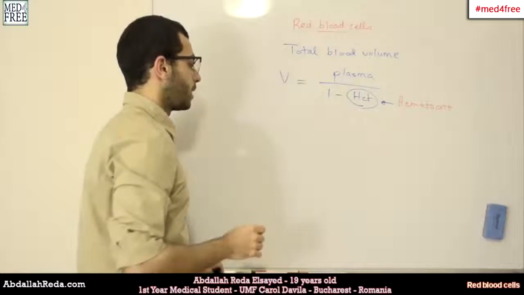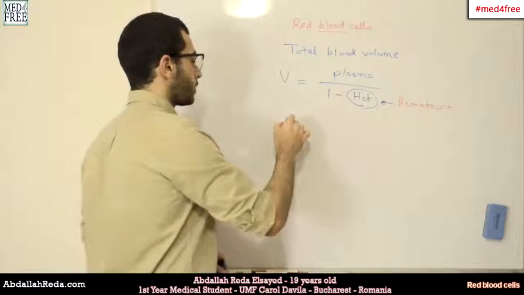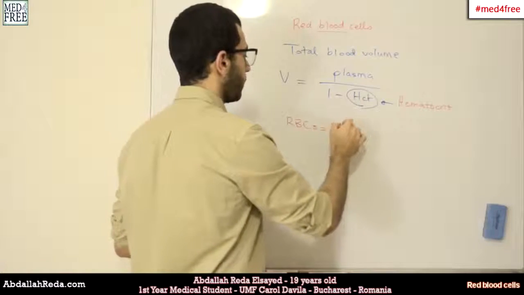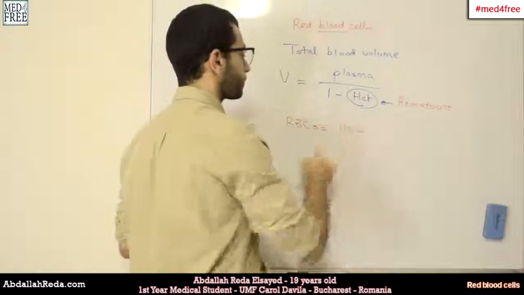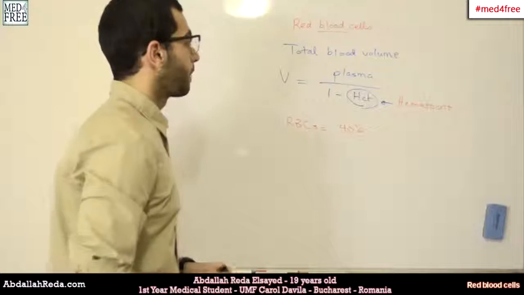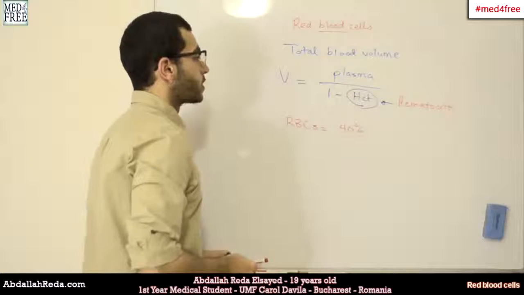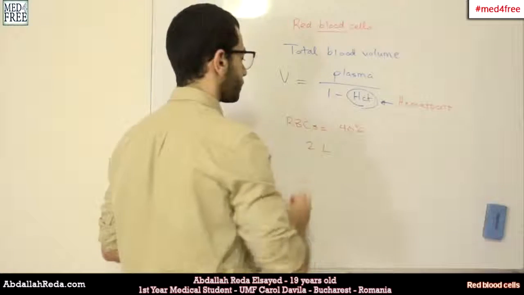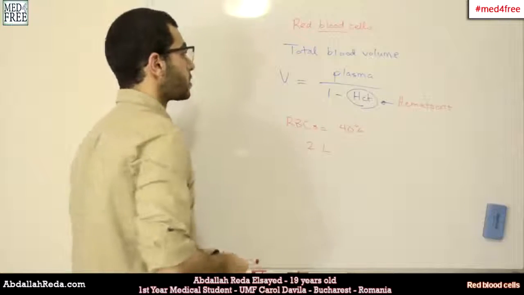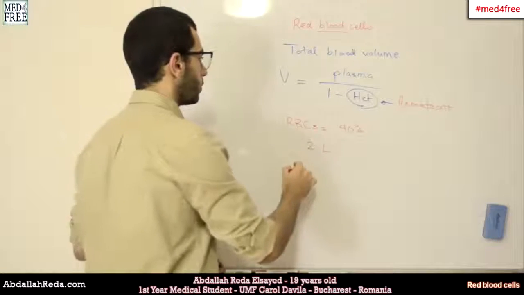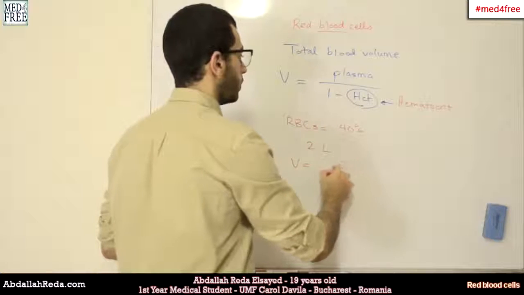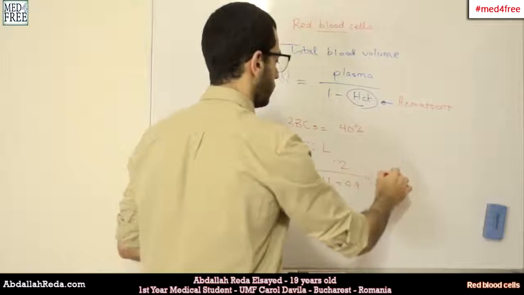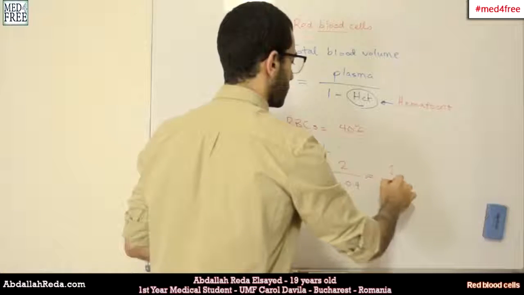For example, if the red blood cells form about 40% of the blood and the measured volume of the plasma is 2 liters, so the total blood volume will equal 2 over 1 minus 0.4, which is 2 over 0.6.